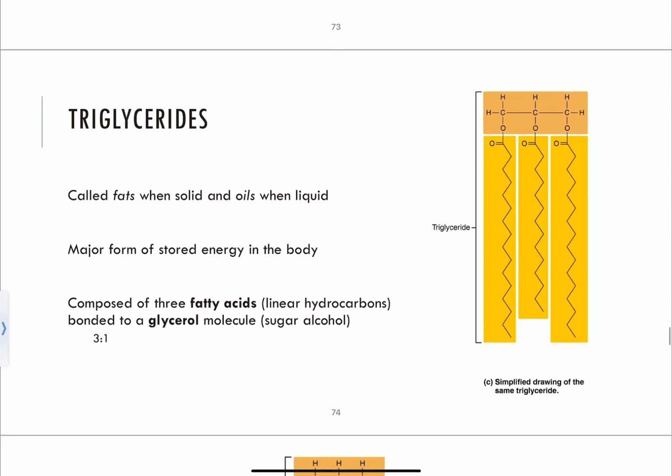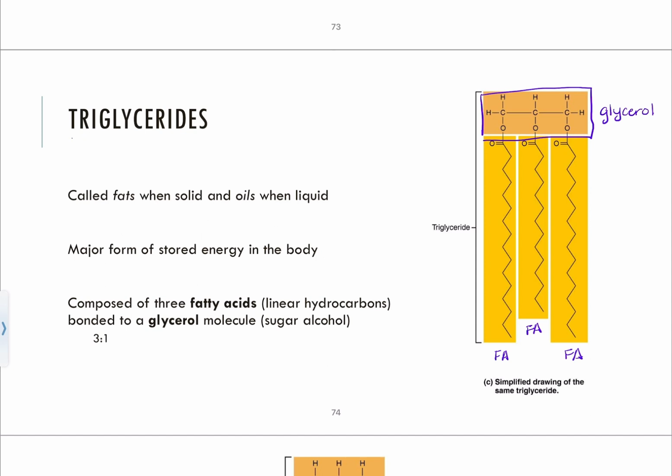So here's a triglyceride structure shown over here. Basically, it's a glycerol, that's this rectangle box right here, with 3 fatty acid chains. This is a fatty acid chain, so is that one and that one.